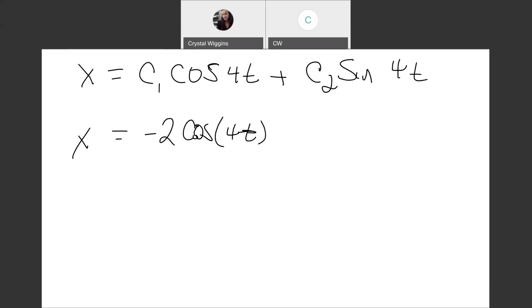Notice it doesn't matter if I use parentheses after the cosine or not. It's assumed there's always something in the cosine function, or it's not a function, it's just the word cos, plus 1/4 sine of 4t. And that's our particular solution for this initial value problem.